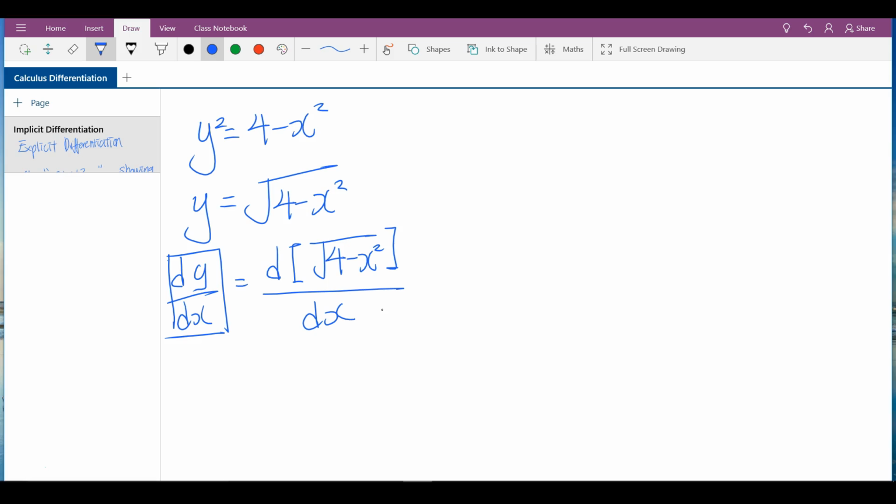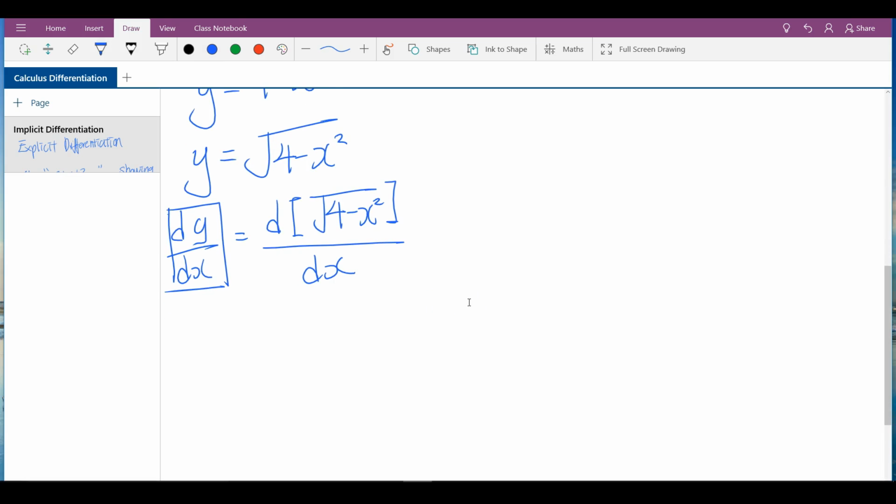So the reason I'm showing you this particular step is that lots of teachers do not show this step to the student. The student is just learning, or I wouldn't even say learning, the student is just computing the derivative without understanding what is actually happening to the equation.